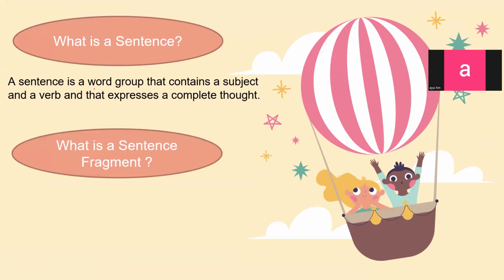The sentence is a word group that contains a subject and a verb, and that expresses a complete thought, such as, for example, she ate the apple. She is the subject, ate is the verb, and this is a complete thought.